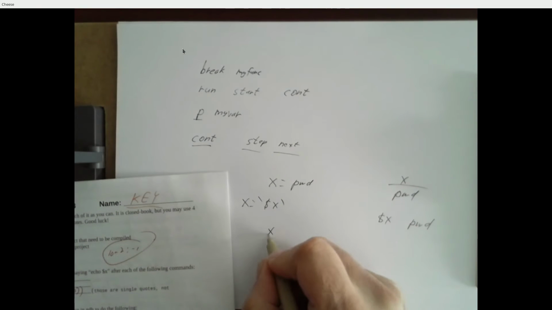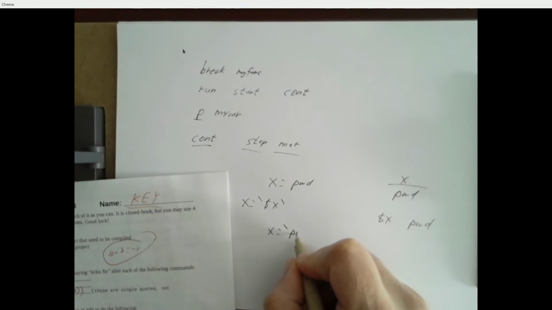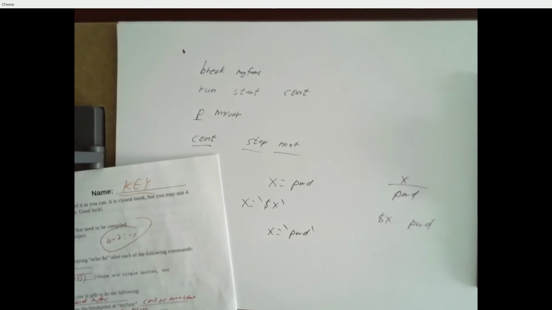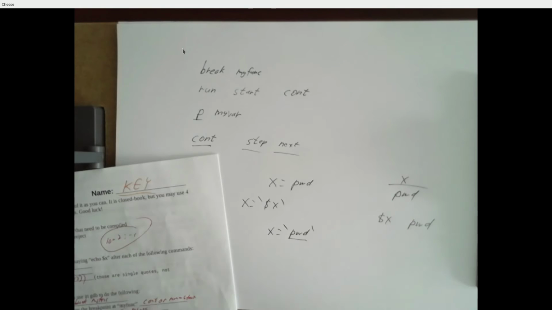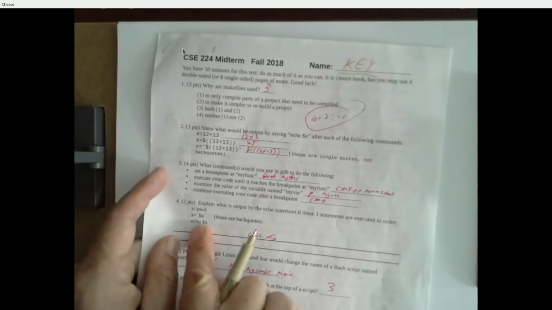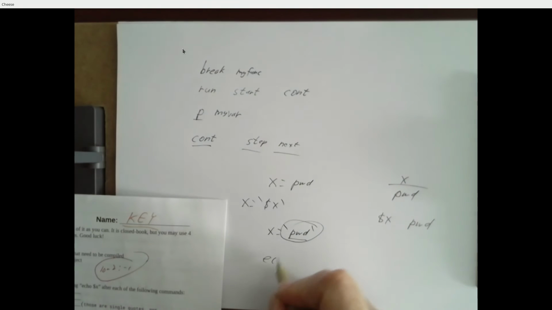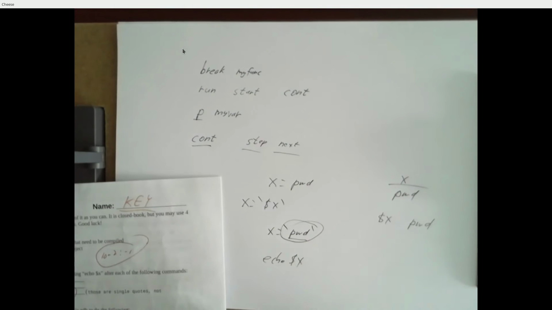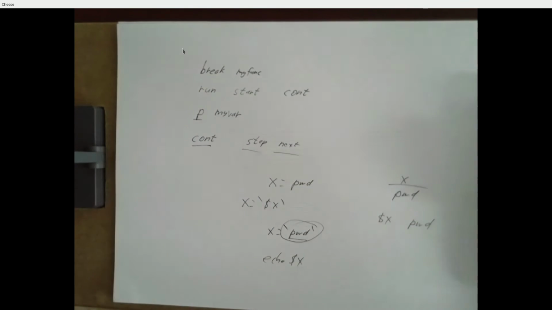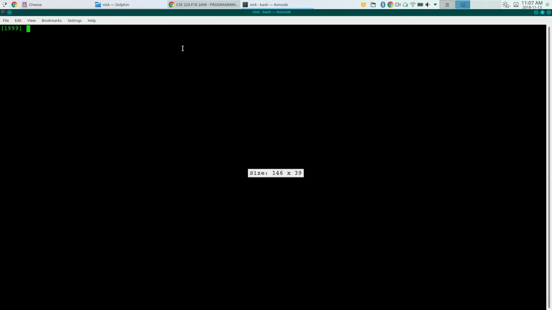So this is really saying x equals $pwd, which means execute this command, capture standard out, and set x equal to whatever that command returned. So now when you do this echo statement, echo $x, it will show you the output of pwd, which is your current directory. So any answer along those lines would get you credit.